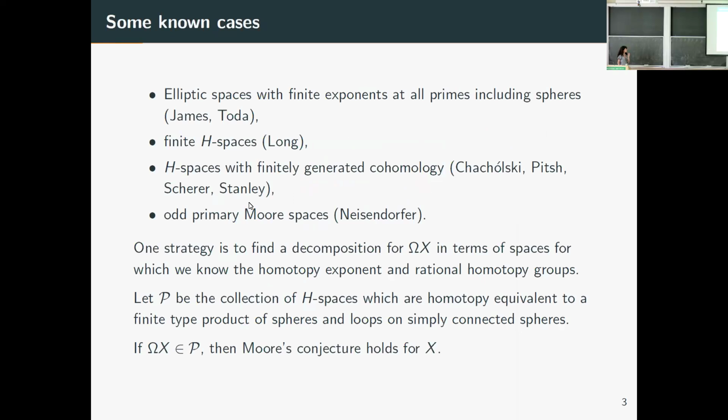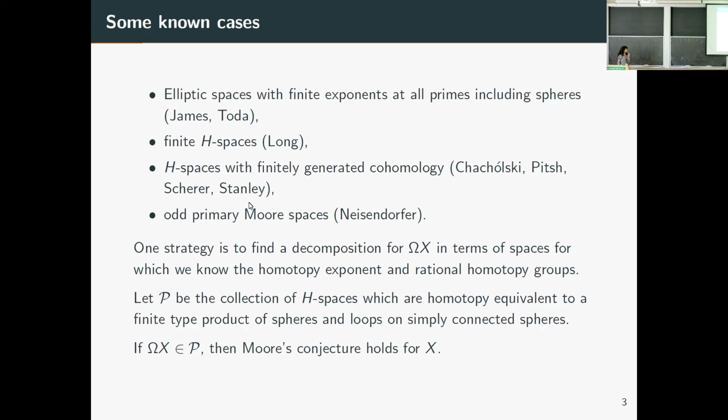So Moore's conjecture is known for some cases. For example, elliptic spaces with finite exponents at all primes, including spheres, finite H spaces with finitely generated cohomology, and odd primary Moore spaces. One strategy for finding if spaces satisfy Moore's conjecture is finding a decomposition for the loop space of X in terms of spaces for which we know the homotopy exponent and rational homotopy groups.